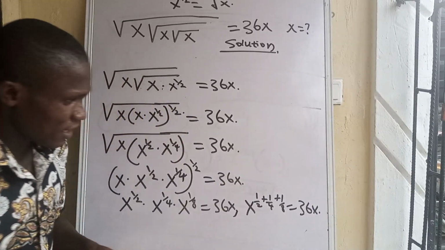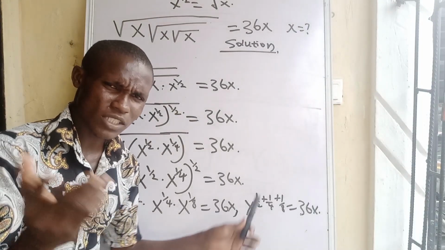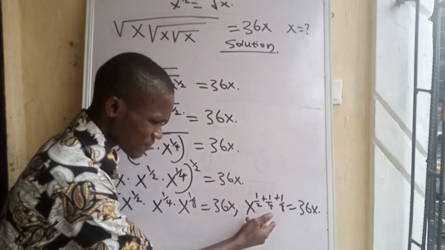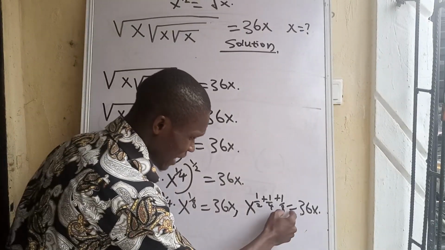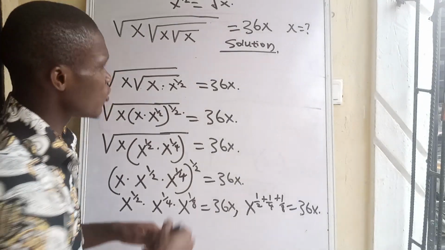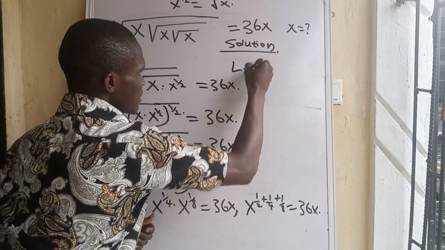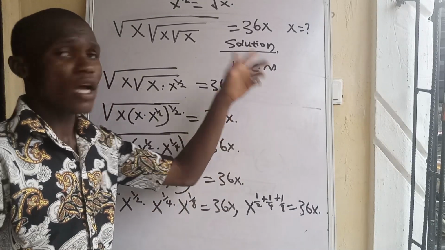Having the whole of this, we are going to simply look for the LCM, and the LCM is 8. LCM represents lowest common multiple.